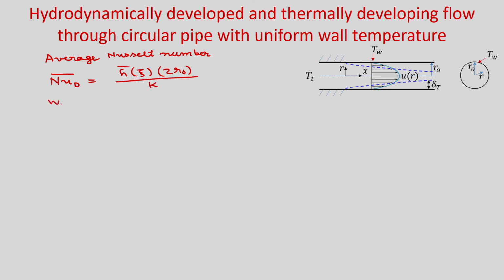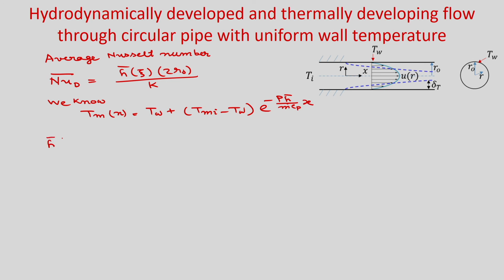And from the energy balance we know T m at x is equal to T w for constant wall temperature case, T m I minus T w e to the power minus P h bar by m dot C p into x. Okay.